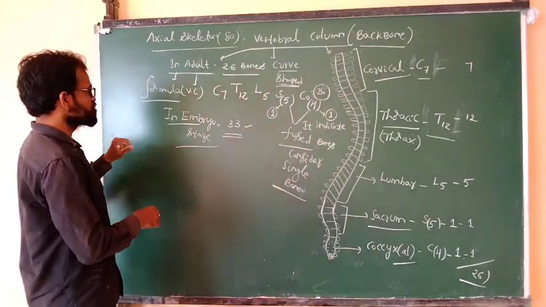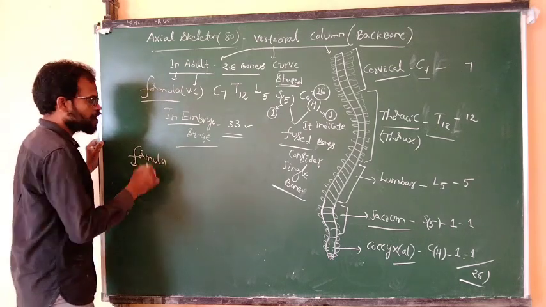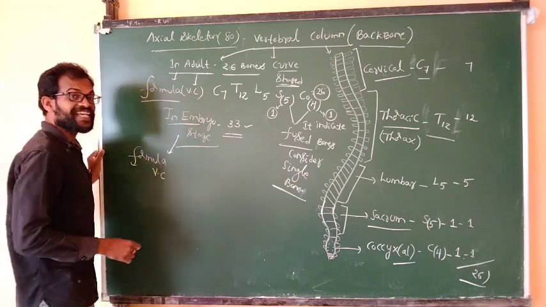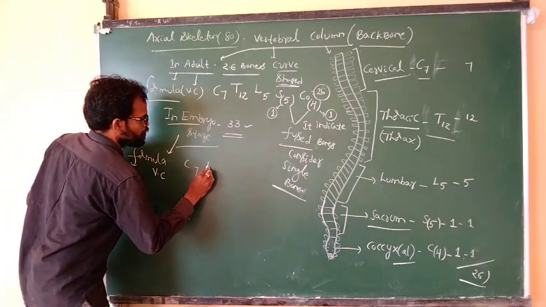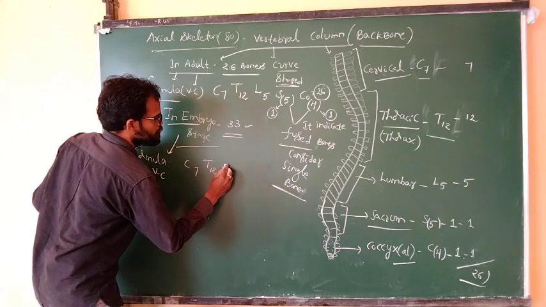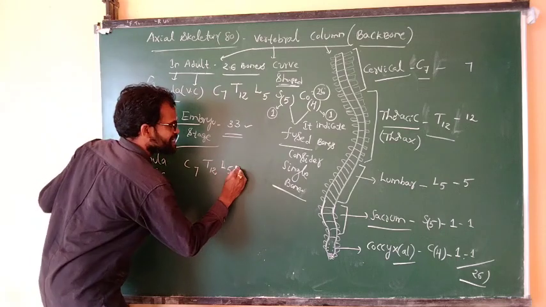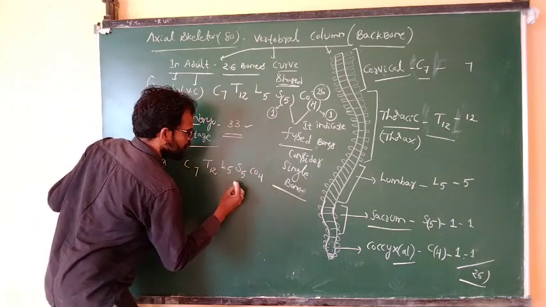In the embryonic stage, the formula of the vertebral column is cervical 7, thoracic 12, lumbar 5, sacrum 5, coxal 4.